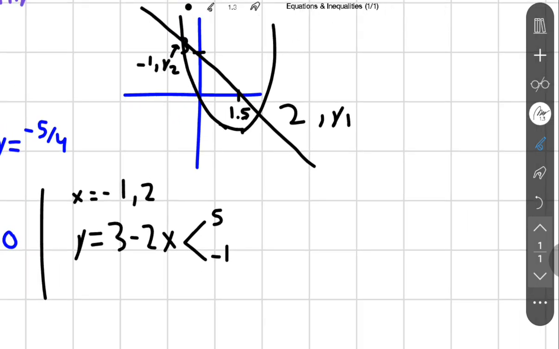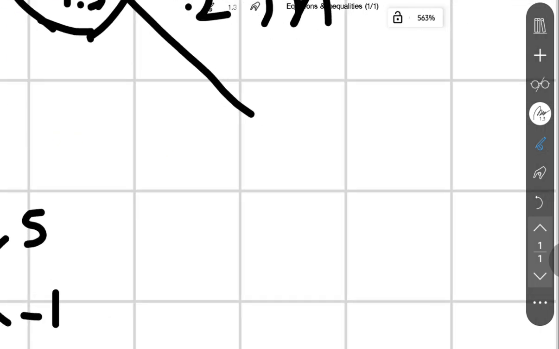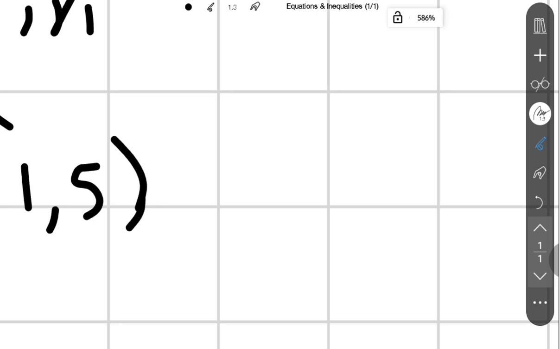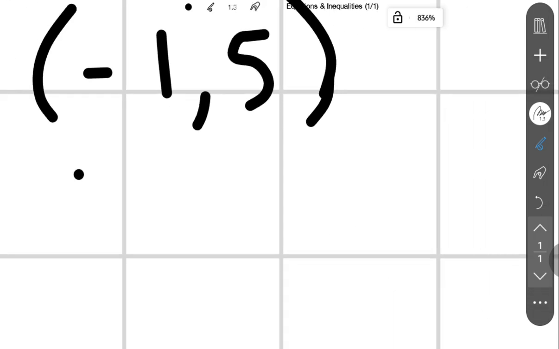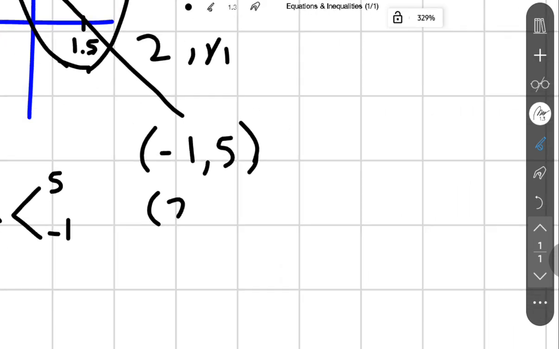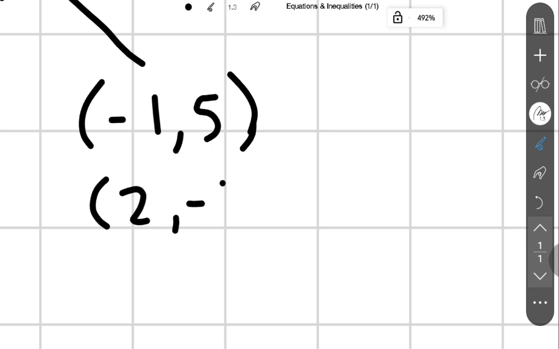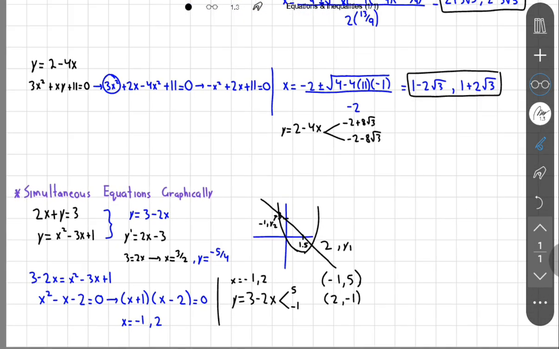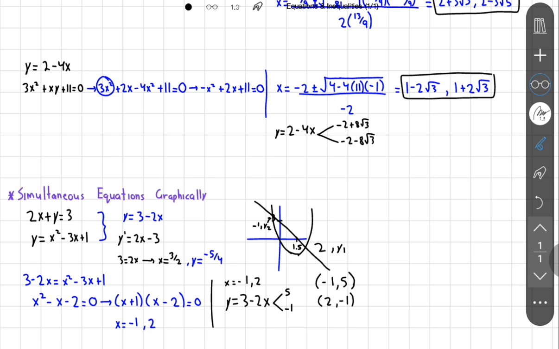So we have the points as -1 and 5, and we have 2 and -1. So that's how we could represent the algebraic work of simultaneous equations on the graph.